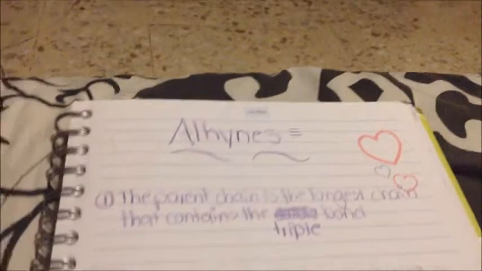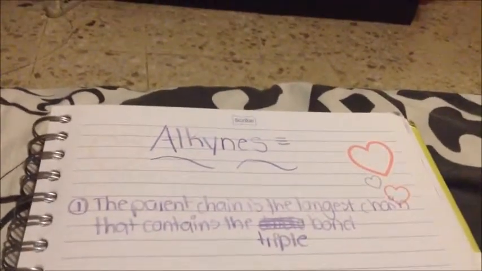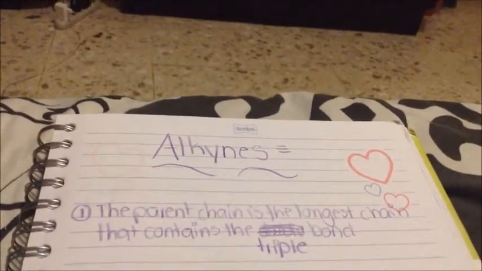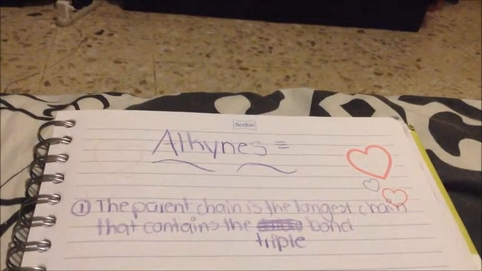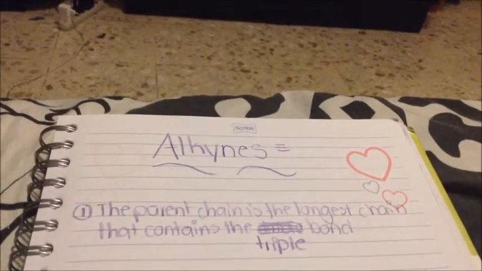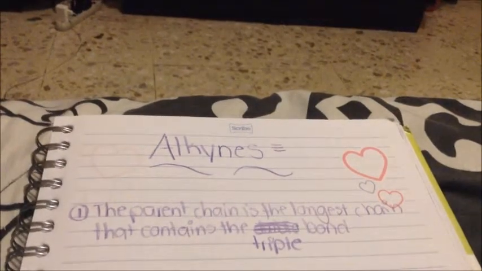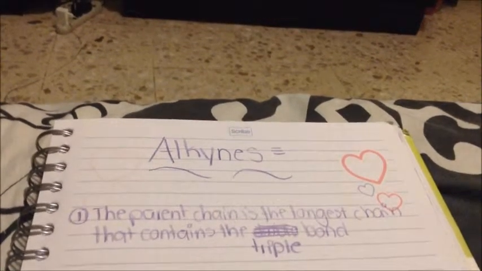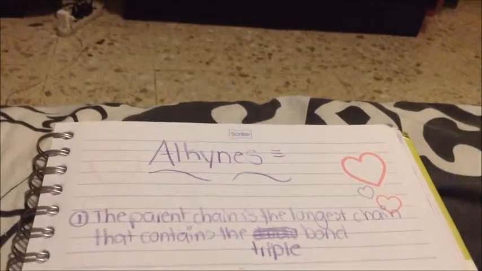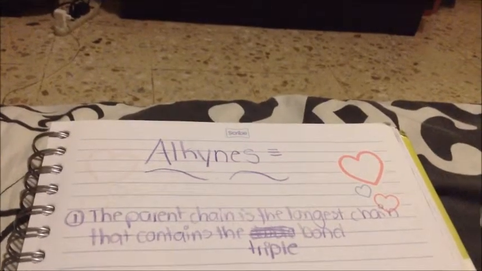The first step is that the parent chain is the longest chain that contains a triple bond. What does that mean? It means that if you recognize a 10 carbon chain, but then you look at a 5 carbon chain that has the triple bond, you have to choose that.